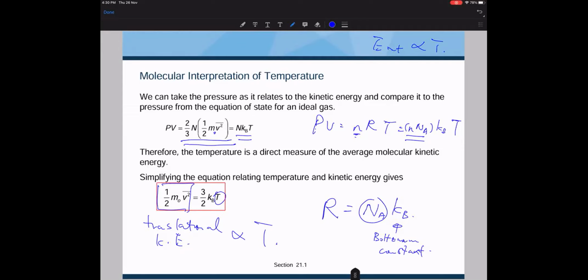Now, we will see at this equation that 1/2 mv squared, which is the total kinetic energy, is equal to 3/2 times kBT. What does this mean? The left-hand side, 1/2 m0 v squared, means, of course, the total kinetic energy of the molecules.